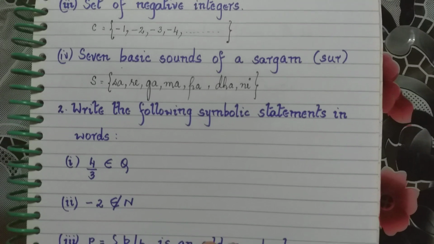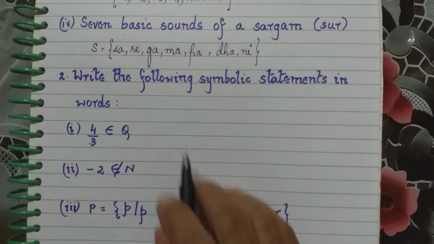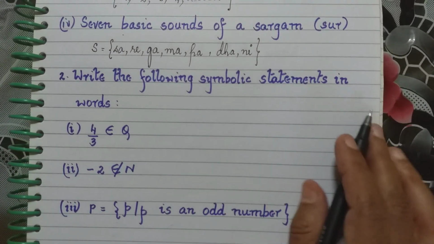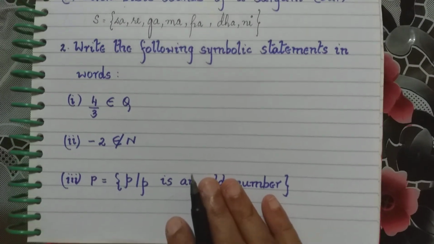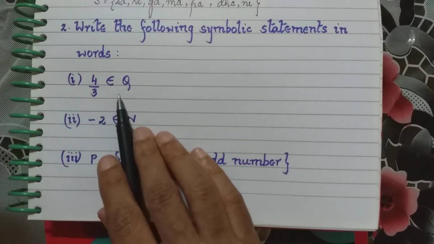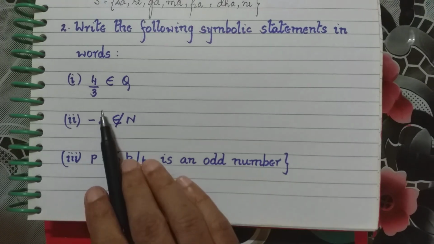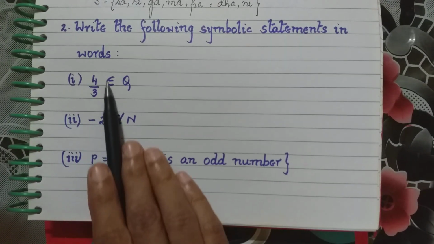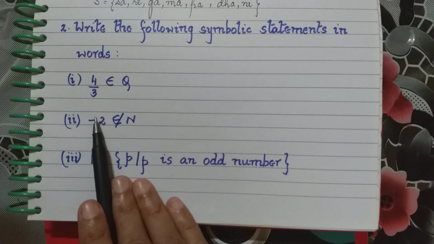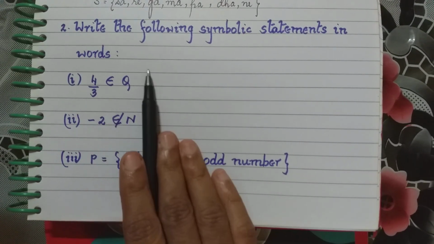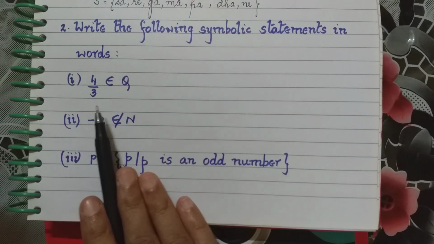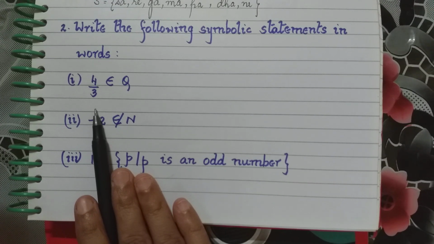Now let us go to question 2. Here we have: write the following symbolic statements in words. Now these are written in symbols, we have to write them in words. That is, this element, 4 by 3, belongs to Q. So what does this mean?